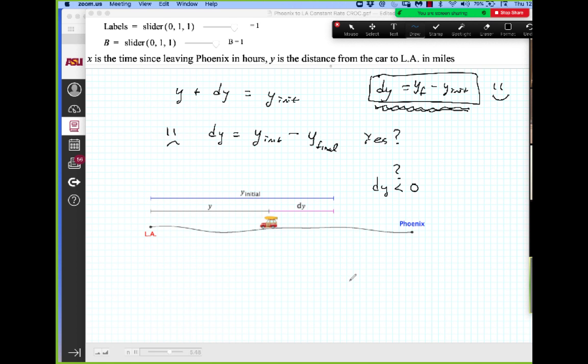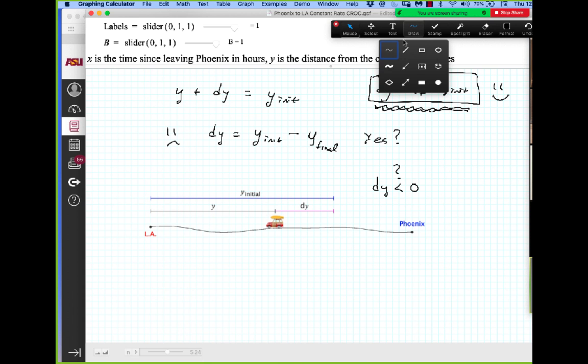Okay. So if we had dy equals, so if you viewed dy as being negative, then you could factor out the negative from y final minus y initial, or y initial minus y final, and you get dy equals negative y final minus y initial.